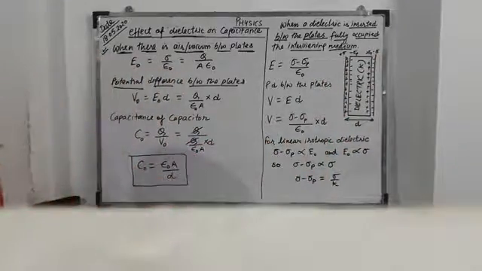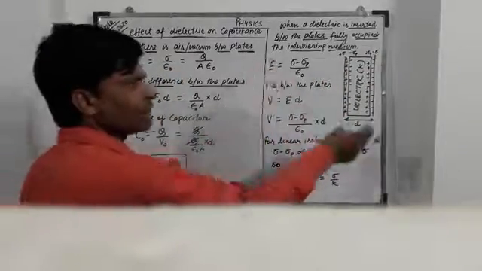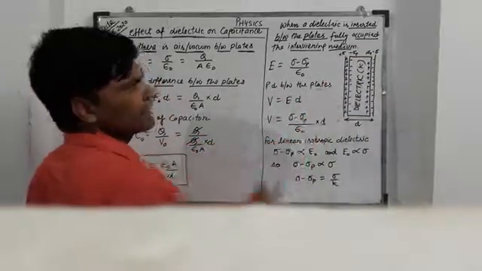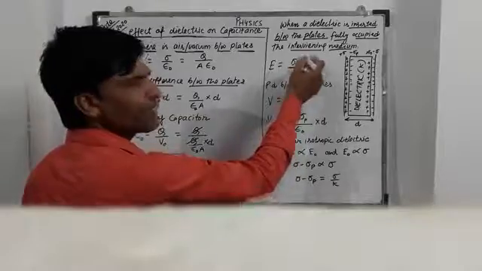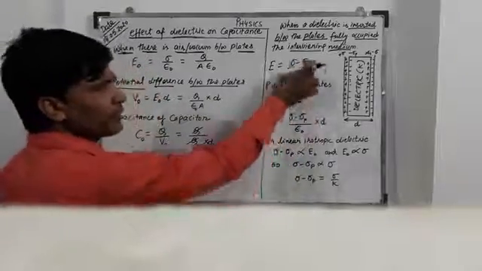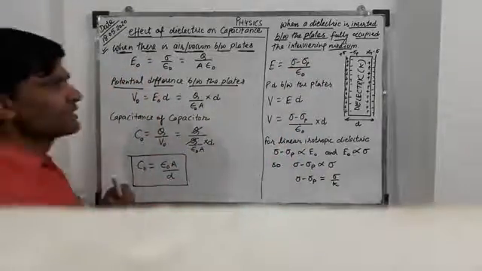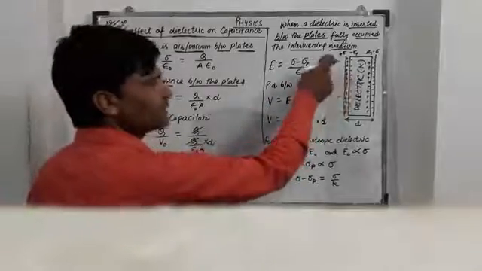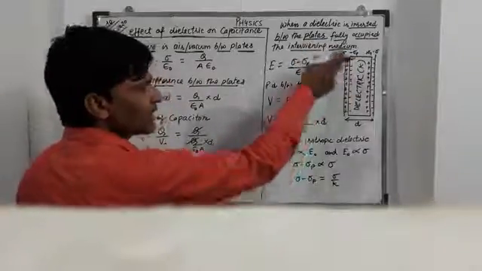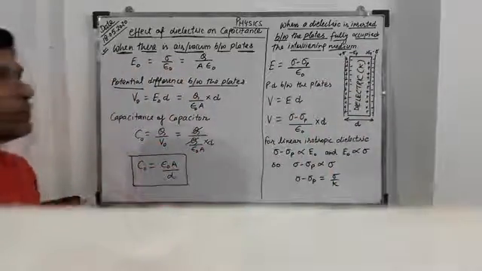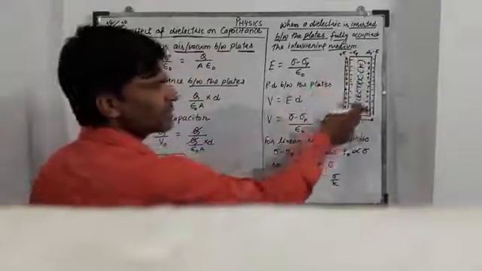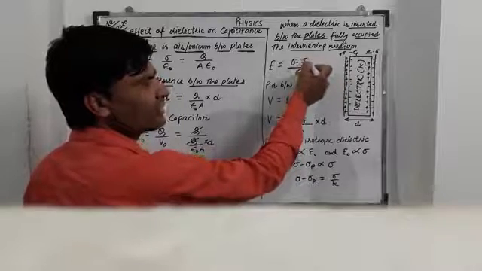So the electric field between the plates in this case becomes sigma minus sigma p, because some charge is cancelled due to polarization, that is sigma p.